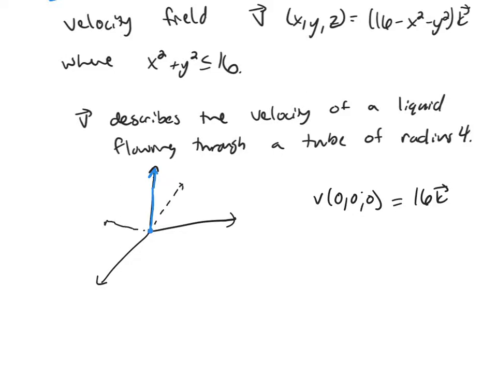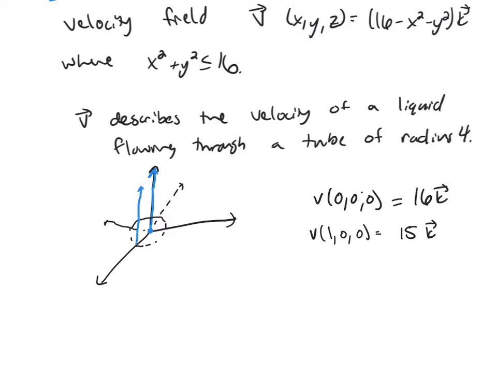But now let's look at a circle of radius 1. You would get 15k if I plug in (1, 0, 0). So I still have a vector pointing upwards, but it's not quite as long. It's almost as long. Let's see if I can draw it straight up.